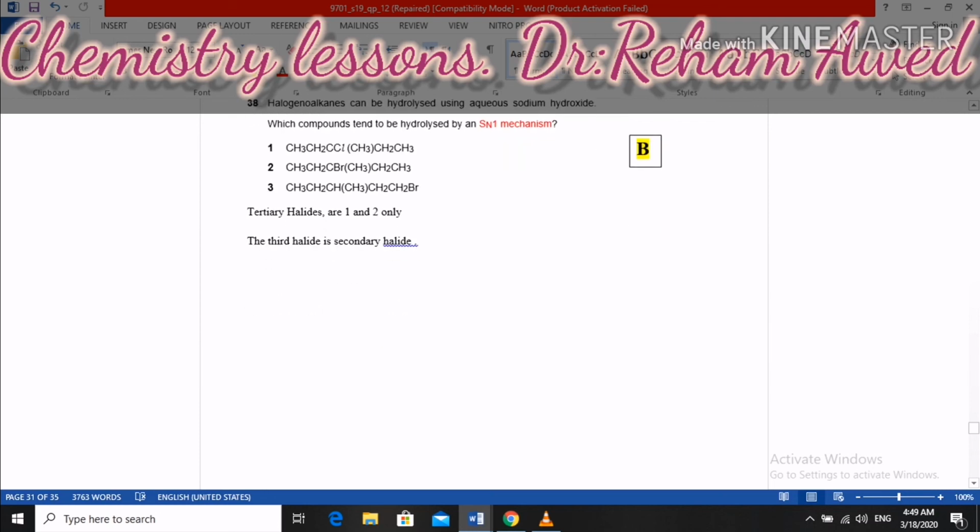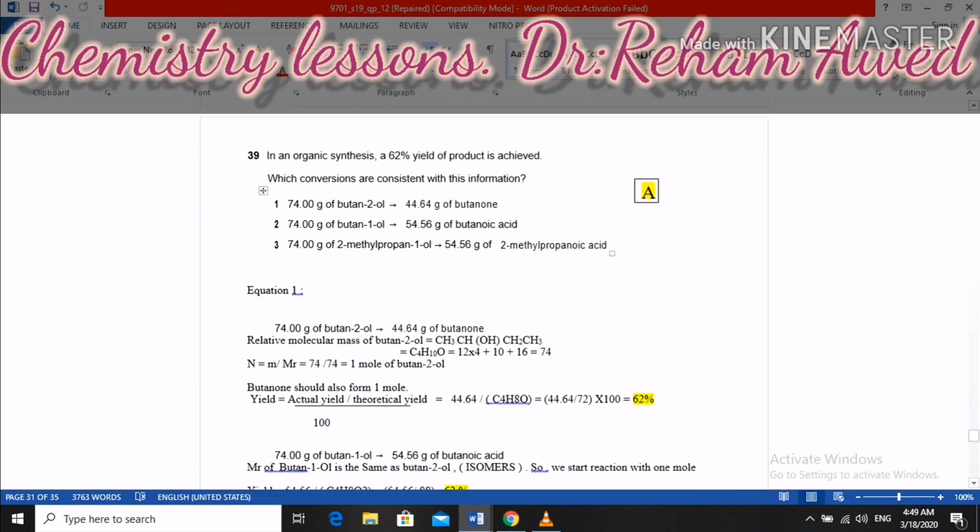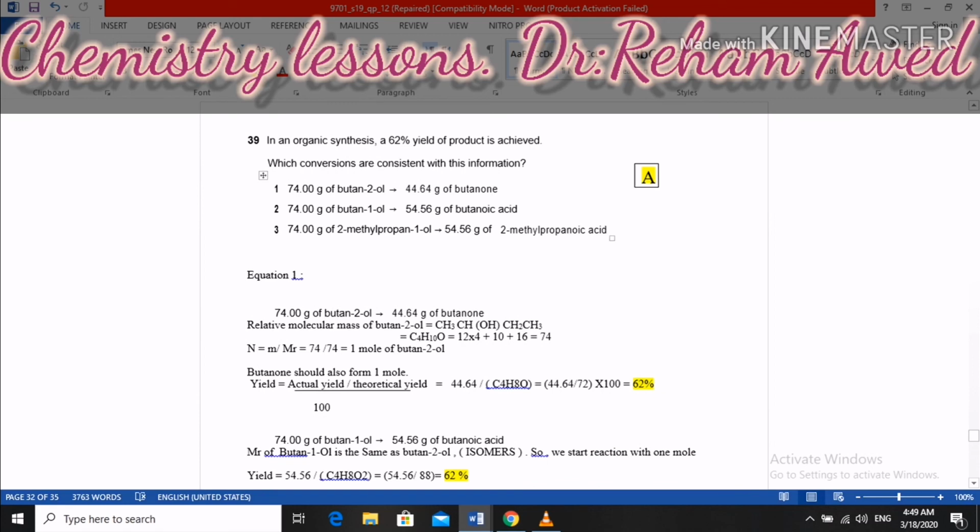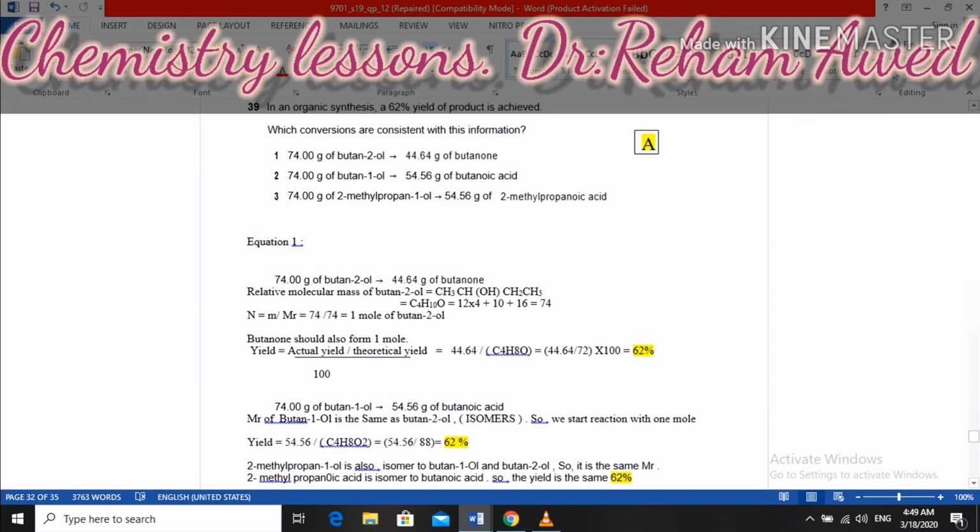Okay. Question number 39. In an organic synthesis, a 62% yield of product is achieved. Which conversions are consistent with this yield? We have 74 grams of butan-1-ol converted into 44.64 grams of butanone, 74 grams of butan-1-ol converted into 54.56 grams of butanoic acid, and 74 grams of 2-methylpropan-1-ol converted into 54.56 grams of 2-methylpropanoic acid.